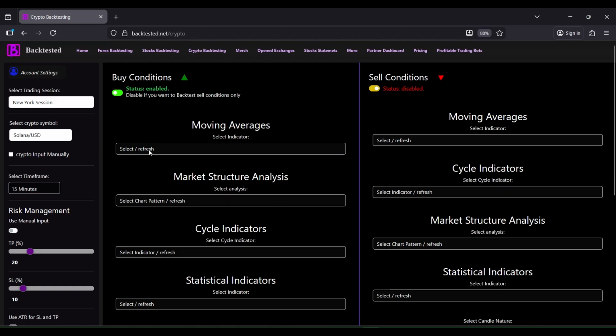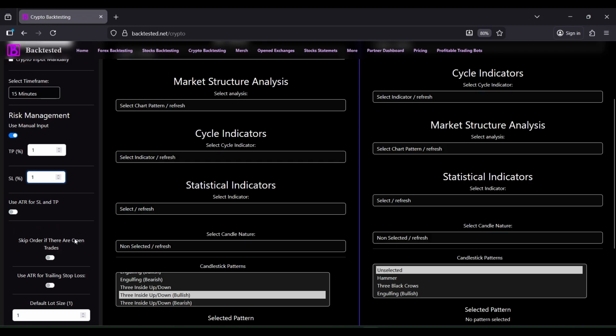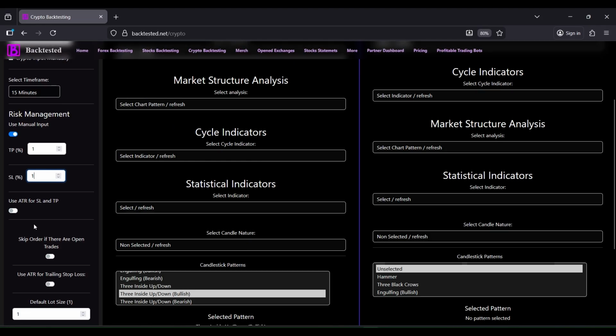Let's go ahead and start with take profit to be 1%. Okay, 1%, and then 0.5. Let's just take to be 1% for the stop loss. So it's a 1-to-1 risk-reward ratio. And let me click this.